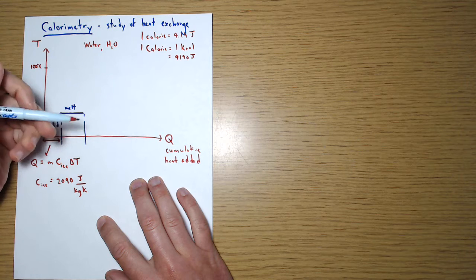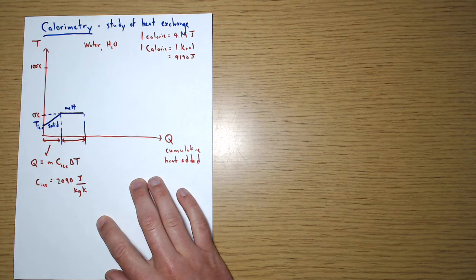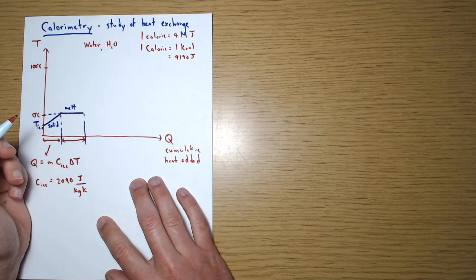And this amount of energy we call latent heat. So this is the amount of energy it actually takes to break the molecular bonds between water molecules that hold them together, and now they can freely slide past one another.